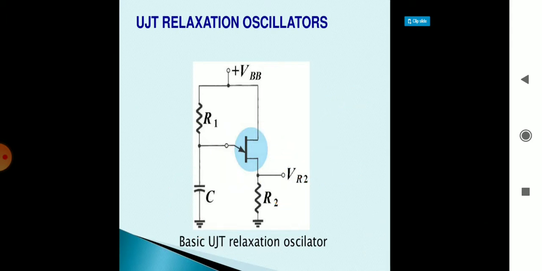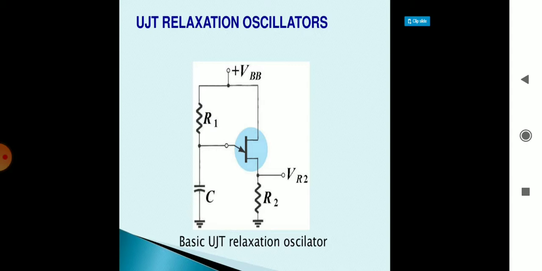I am modifying the circuit by adding extra components in order to make this UJT a relaxation oscillator. Those pulses are used to turn on the SCR. So this is the UJT relaxation oscillator circuit.